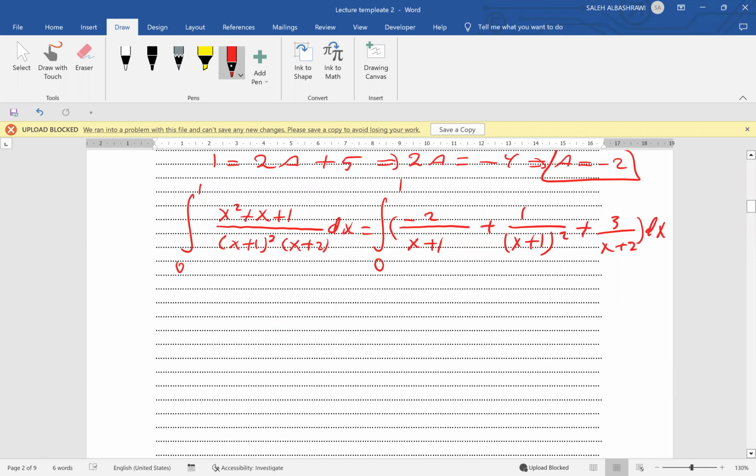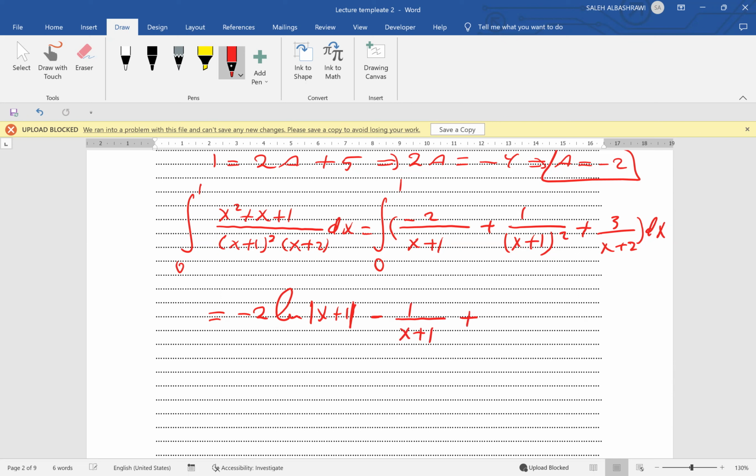The integration of the first one is minus 2 ln of the absolute value of x plus 1. The integration of 1 over (x plus 1) squared is just the reverse of the quotient rule for derivatives. It will give me minus 1 divided by x plus 1.